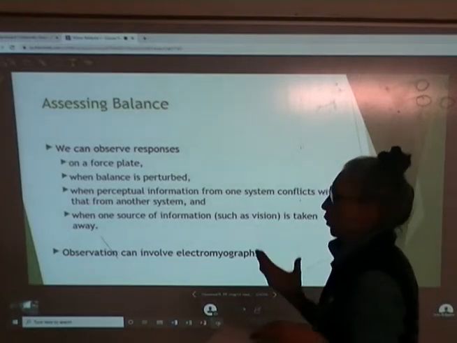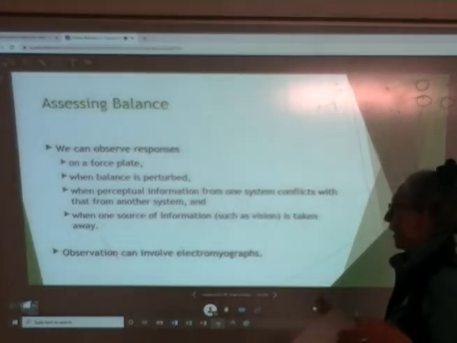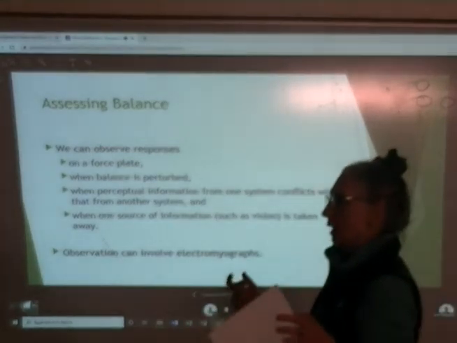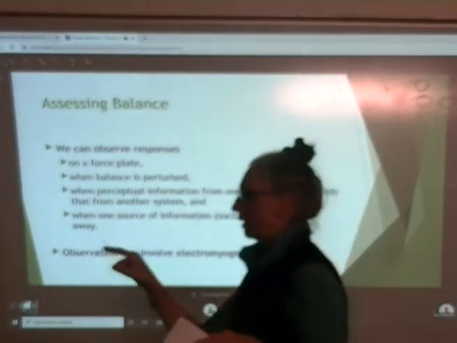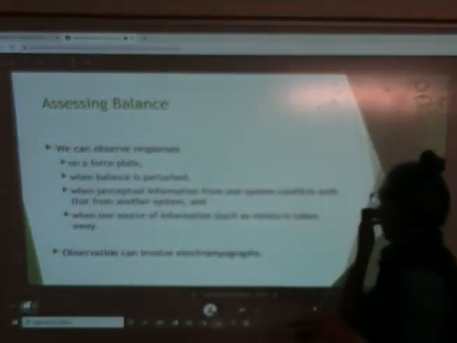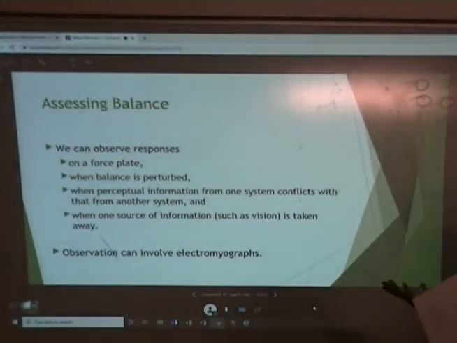You know, a force plate is great, but we don't always have access to a force plate, all right? But how do I perturb their balance? If I put them on one foot and then I give them a little poke, right, what happens? Or what if I ask them what can they feel with their feet?